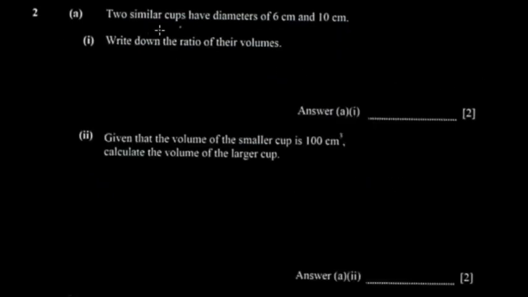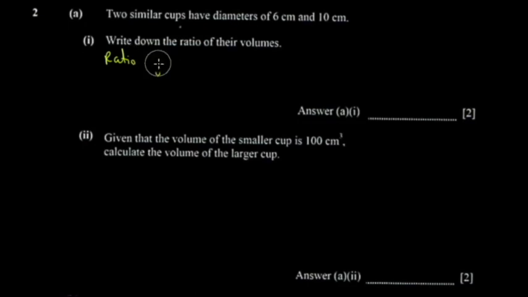Next question says we have 2 similar cups of diameter 6 centimeters and 10 centimeters. They're similar, and we've actually done this on one of our videos. But essentially what you have here is the diameters, they give you the ratio of sides. We call it the scale, or the ratio of sides, or you can even say length ratio.